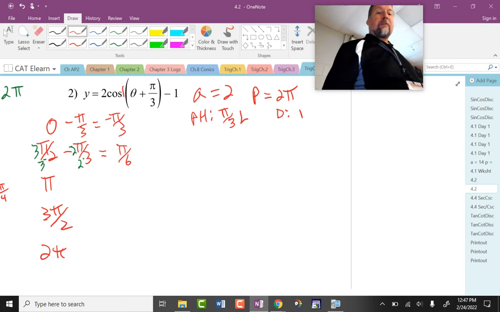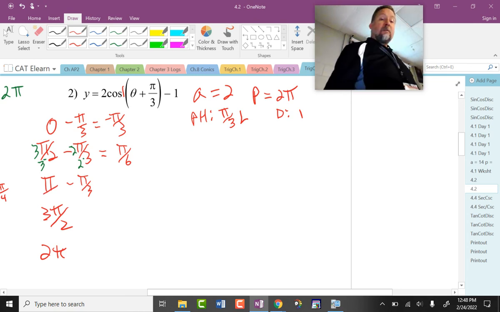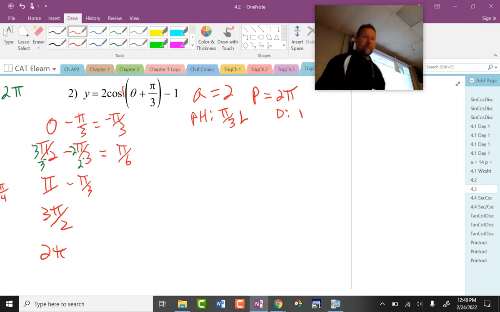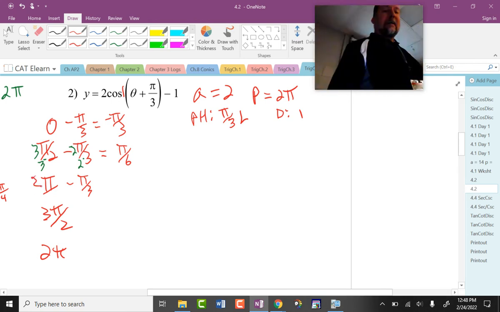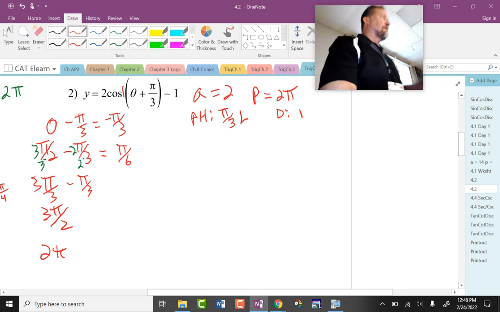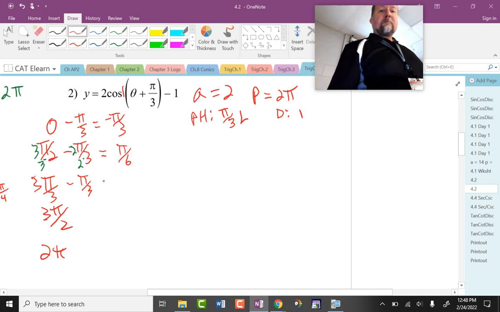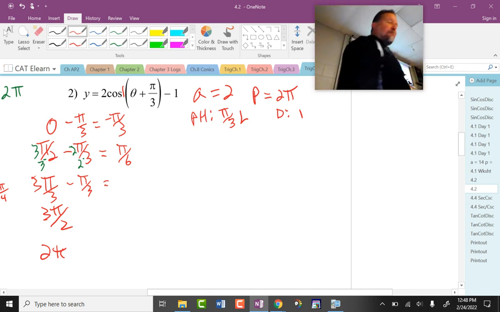You're going to subtract pi over 3 again from this one. What's the common denominator? These two? So what do I have to multiply top and bottom by? 3. I got to make you say it so it solidifies in your head and we get this stuff taken care of. What do we end up getting? What's 3 pi minus pi?